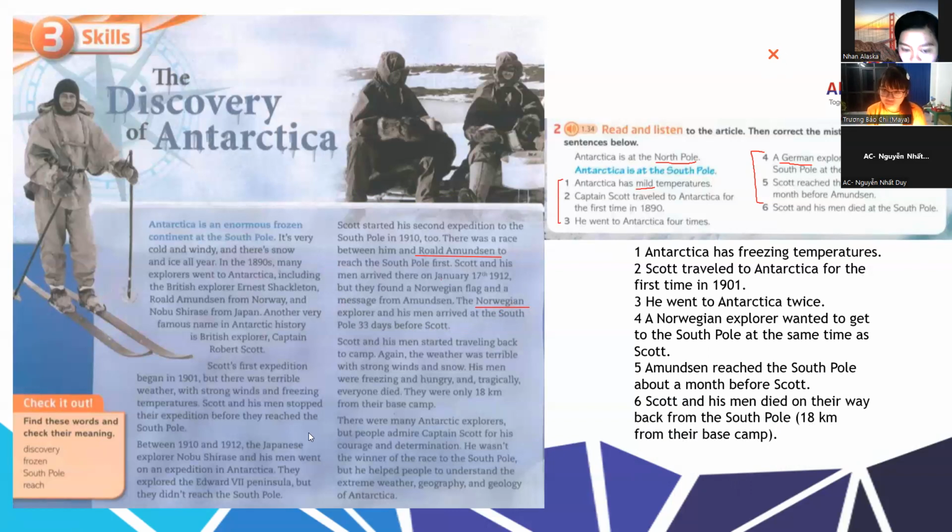On the way there, they had 18 kilometers left to reach the base camp. But sadly, they died here, 18 kilometers before they reached the base camp. Okay. All right.